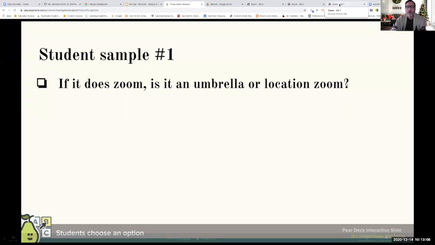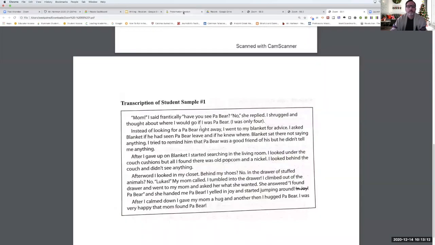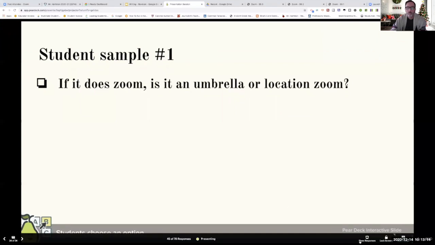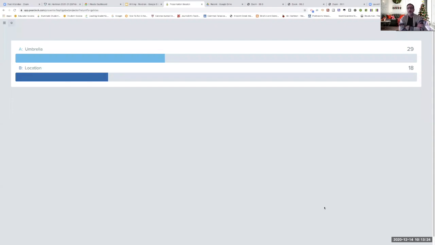Would it be an umbrella zoom or a location zoom? 28 of you said umbrella, 29 now, and you are correct.